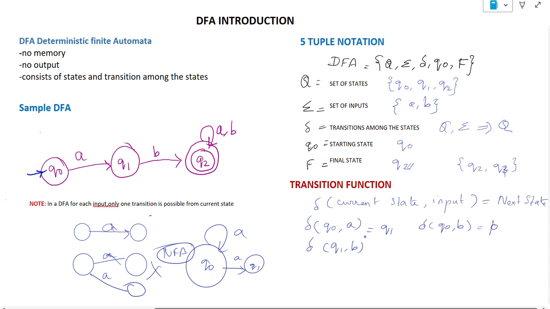Then Q1 comma B is equal to Q2. Delta of Q2 comma A is itself; the next state is itself. And delta of Q2 comma B: here also Q2 on accepting B goes to Q2 itself.